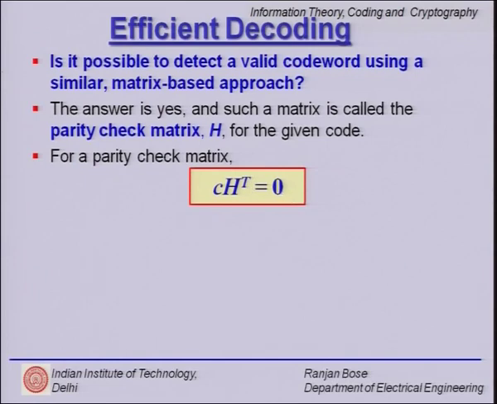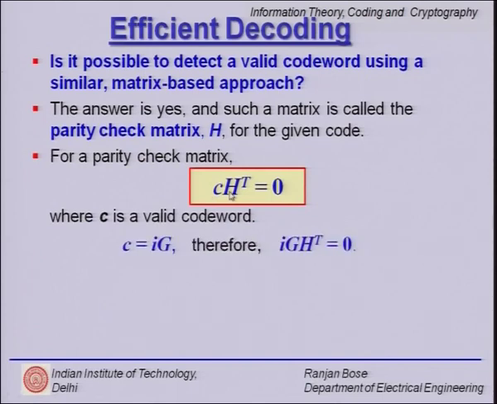On the other hand, if C is not a valid code word, then I should get a non-zero vector here. So if I can have this going for me, then I indeed hit jackpot, and I should be able to very quickly detect. First step is detection, detect if there is an error or not.